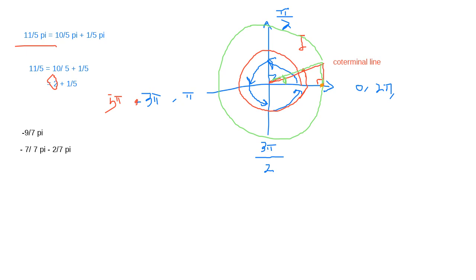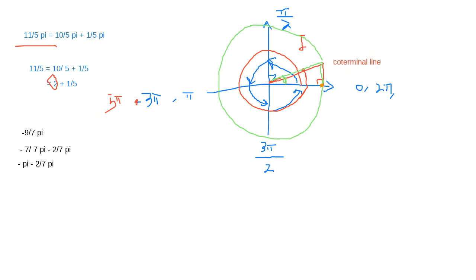Because the denominator is 7, right? The 9 has one 7 in it. 9 can be thought of as 7 plus 2. So that's why I break negative 9 over 7 as negative 7 over 7, negative 2 over 7. Does this make sense? Yes. Okay.